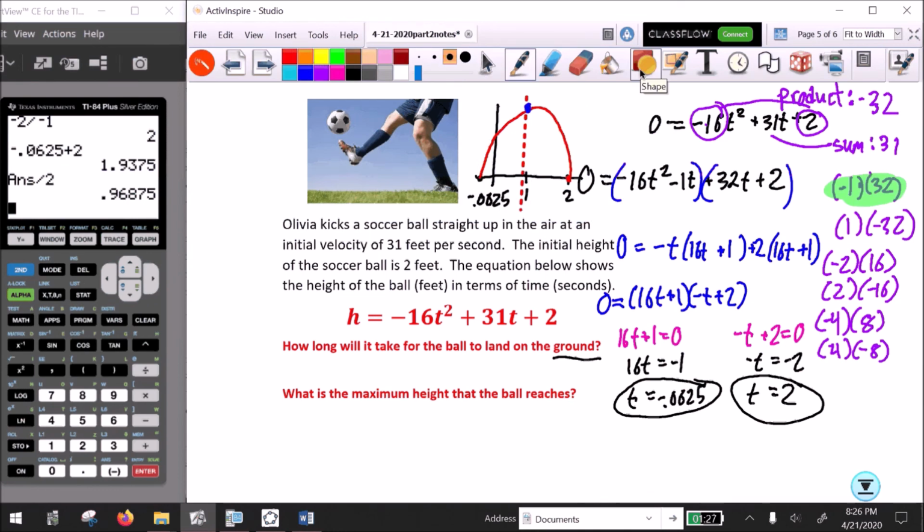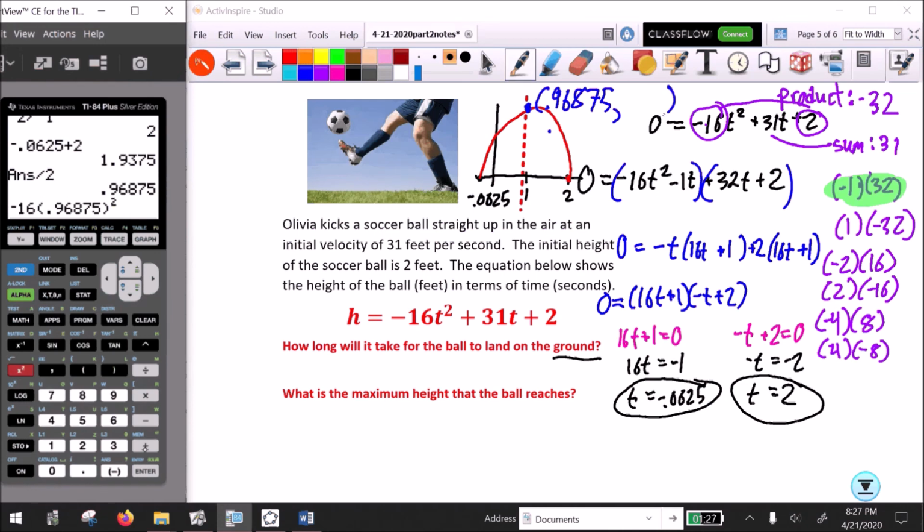So what is the maximum height that this ball reaches? Well, we know that it occurs at a time of 0.96875 seconds, and that height is, let's find out, negative 16t squared plus 31t plus 2, and that t is 0.96875.